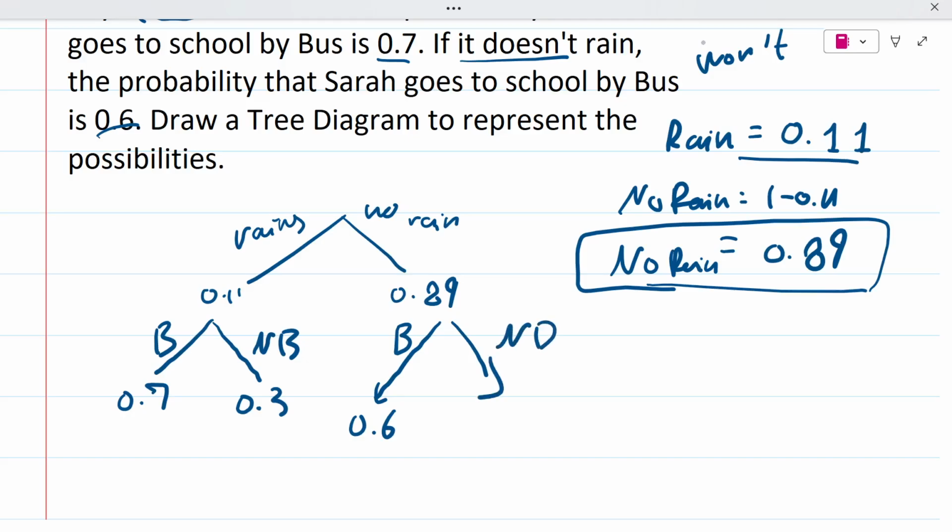And again, once you write that she goes to school by bus, you must also write the opposite, or the complement as we call it. That would be 0.4. 1 minus 0.6 gives you 0.4. That's exactly what I did, right?